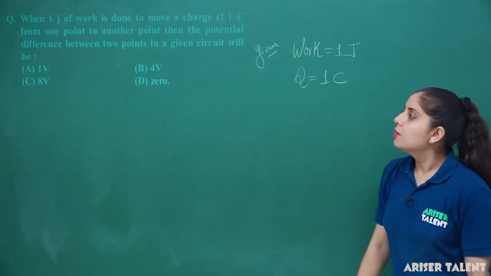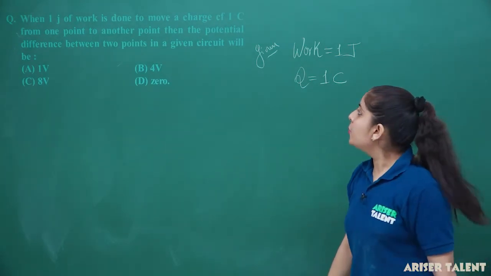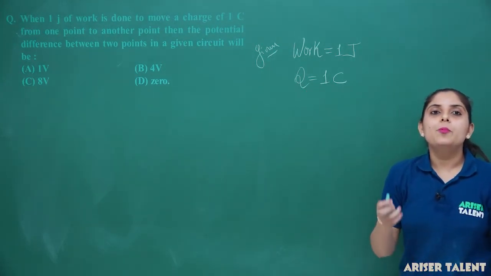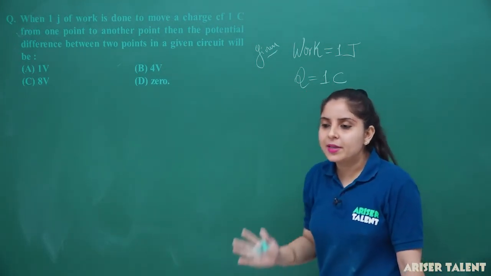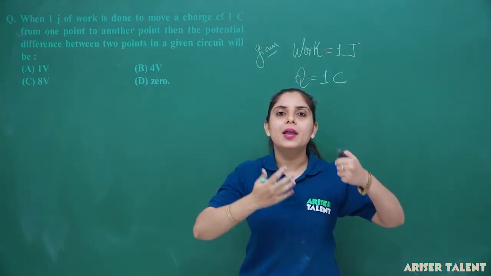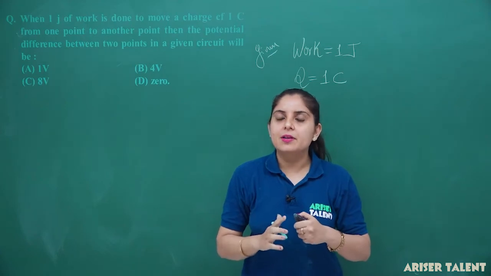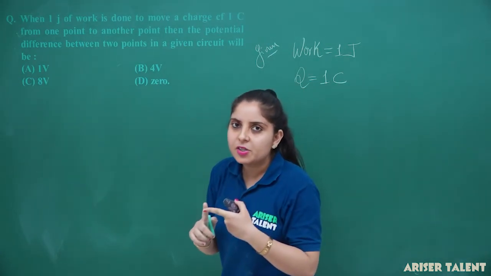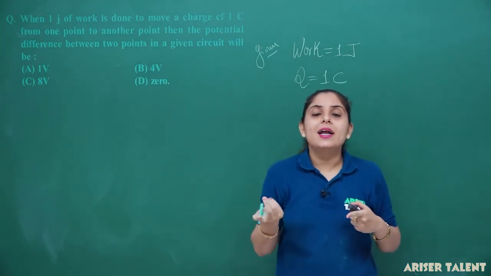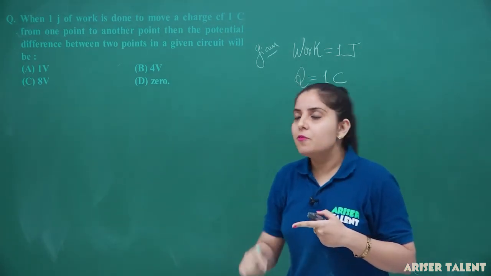Now, you have to calculate the potential difference between the 2 points in the given circuit. So, the potential difference is actually the work done in moving a charge from one point to another in any electric field.